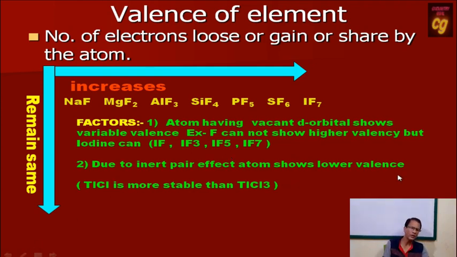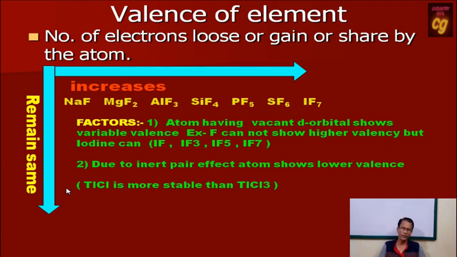Due to the inert pair effect, the valency of the atom becomes less. So the more the inert effect, the less the valency. We know the boron family and carbon family: in the boron family, due to the inert effect, the bottom atom shows the +1 state.